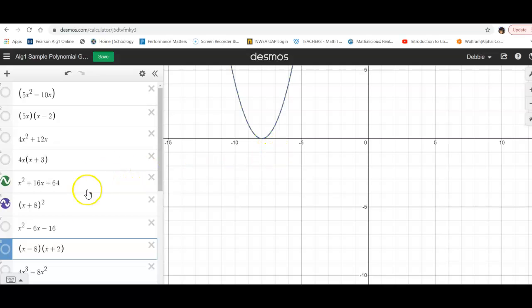What do you have to plug in for x in this binomial to make it equal 0? Well, -8, of course. Just like in this parabola, where does the parabola cross? It crosses at -3, and it crosses at 0.